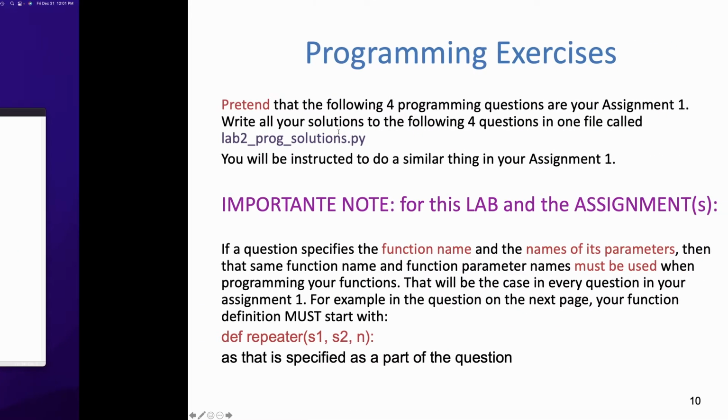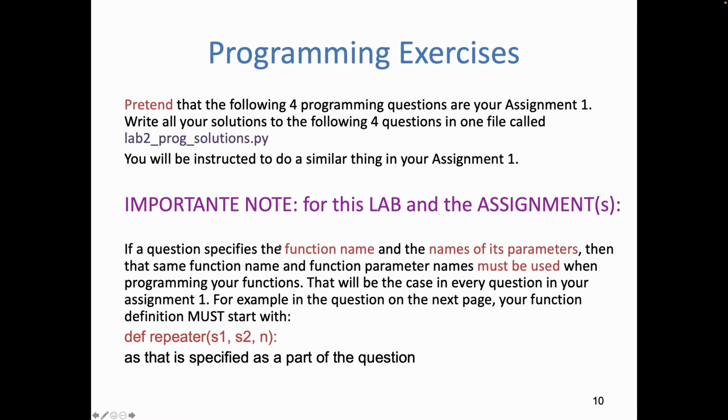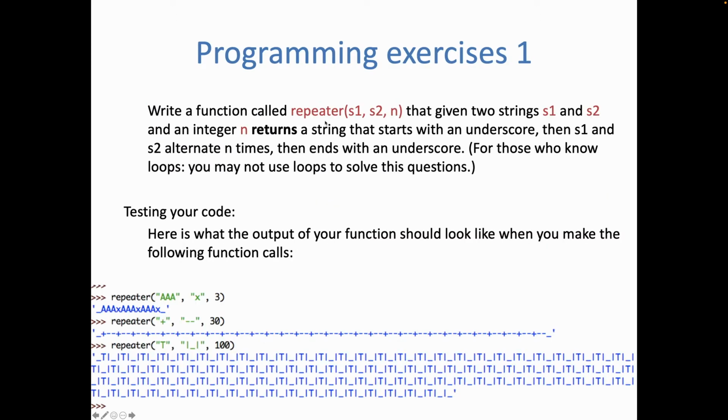I have this file. If a question specifies the function name and the name of its parameters, then that same function name and function parameter names must be used when programming your functions. That will be the case in every question in your assignment 1. For example, in the question on the next page, this one, repeater. The function is named repeater, and it accepts 3 arguments, s1, s2, n.